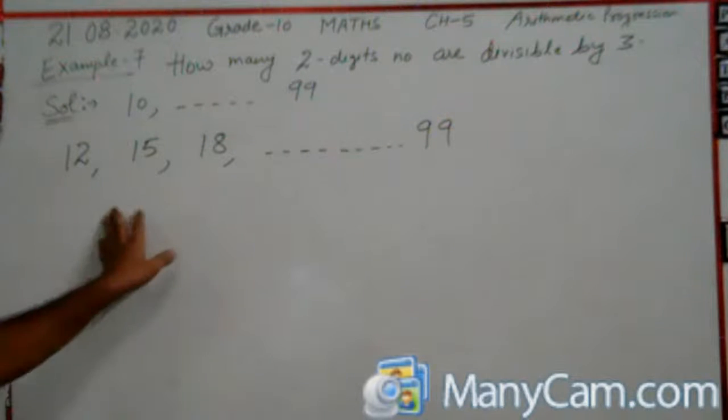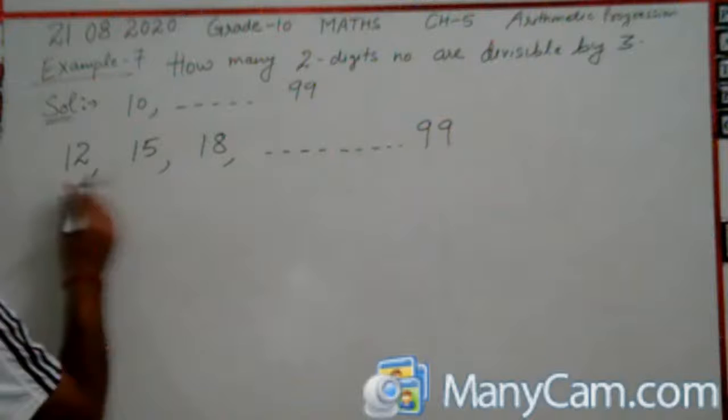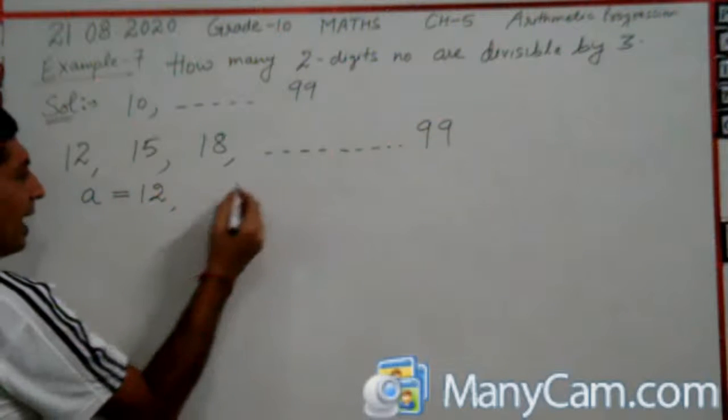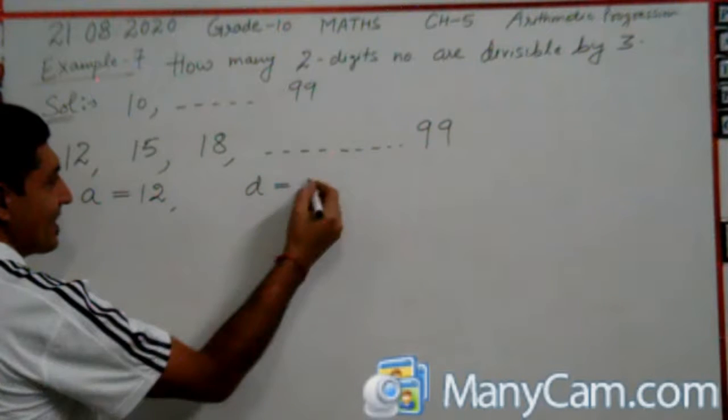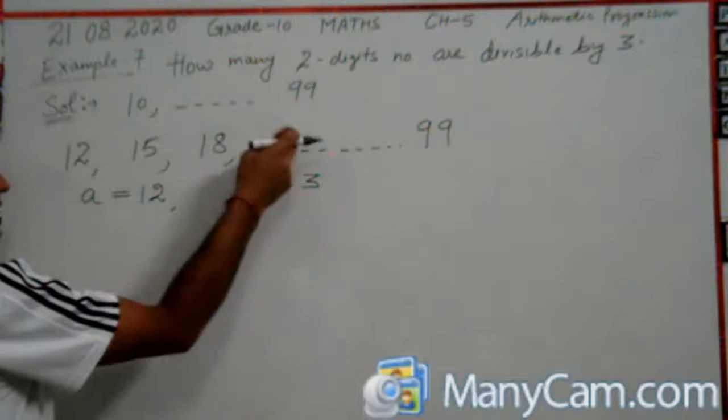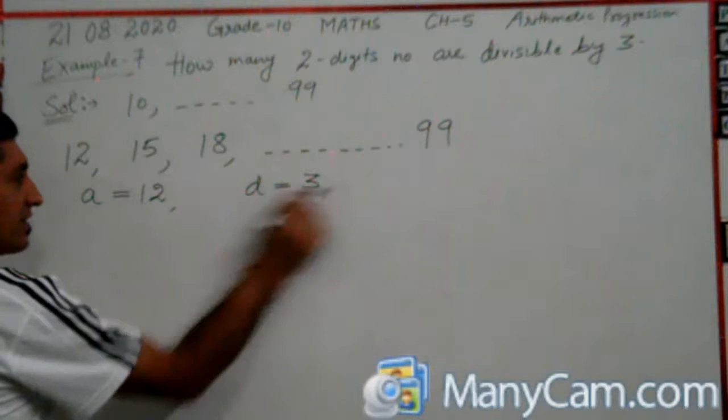So this is an AP in which the first term is 12 and the common difference is 3. 15 minus 12, 18 minus 15, 21 minus 18, the common difference is 3.